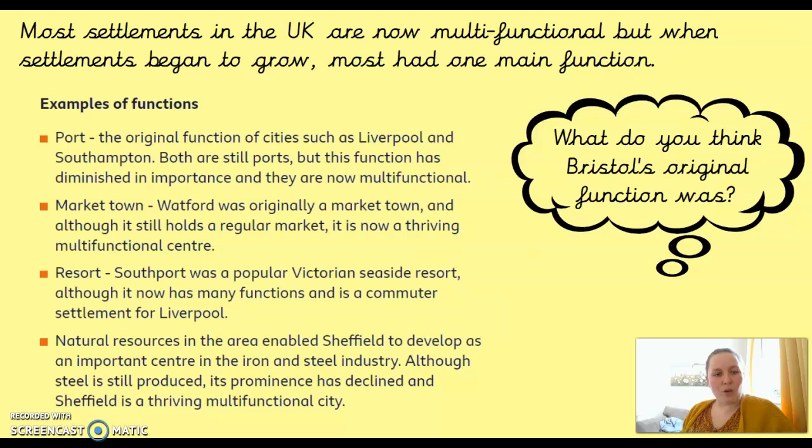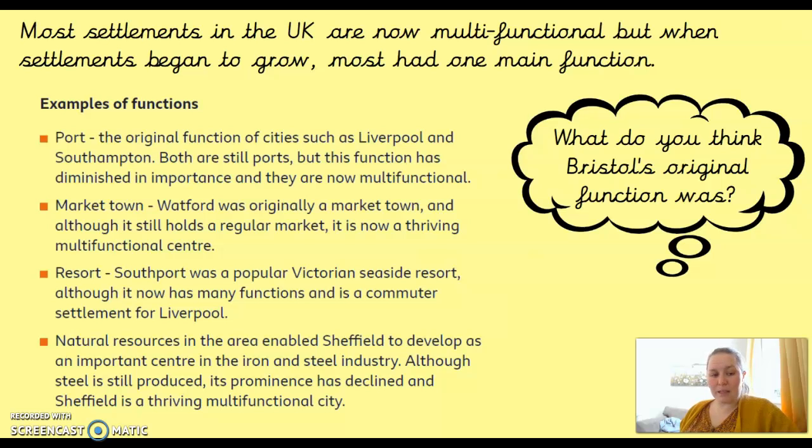Here are some examples. So we've got a port. A port being a place by water where boats come in to trade different things. Liverpool and Southampton are examples there. You could have a market town, where it held a market and it was about trade within the town. Lots of places still have markets, but it's not necessarily their main function.